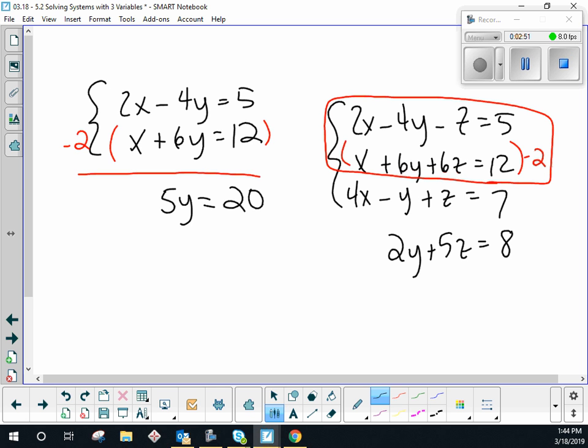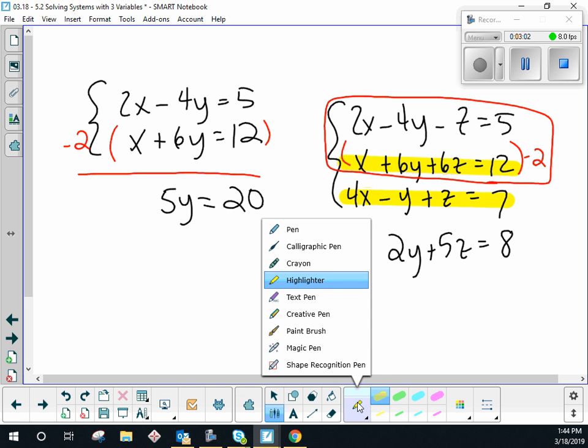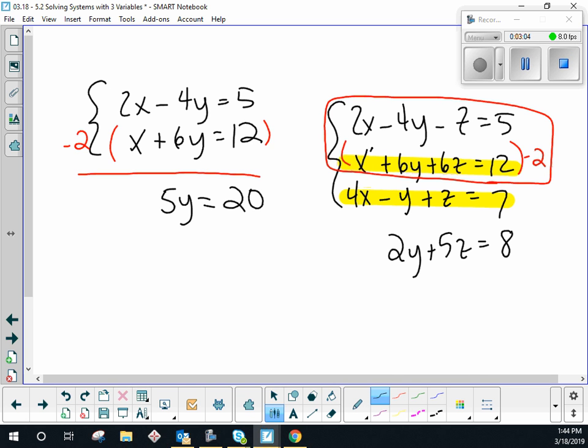However, if I picked a different two equations, like I did that on the first two, but what if I canceled x out of the second two? If I did some kind of math to cancel the x out of the second two, I'd still be left with some y's and some z's and a number. And then what could I do with that?